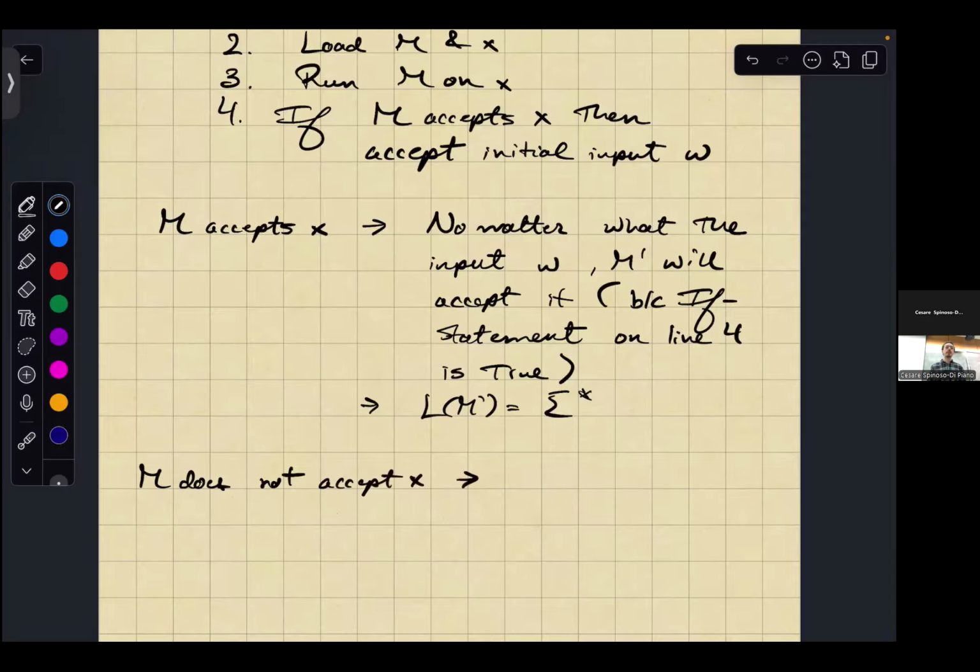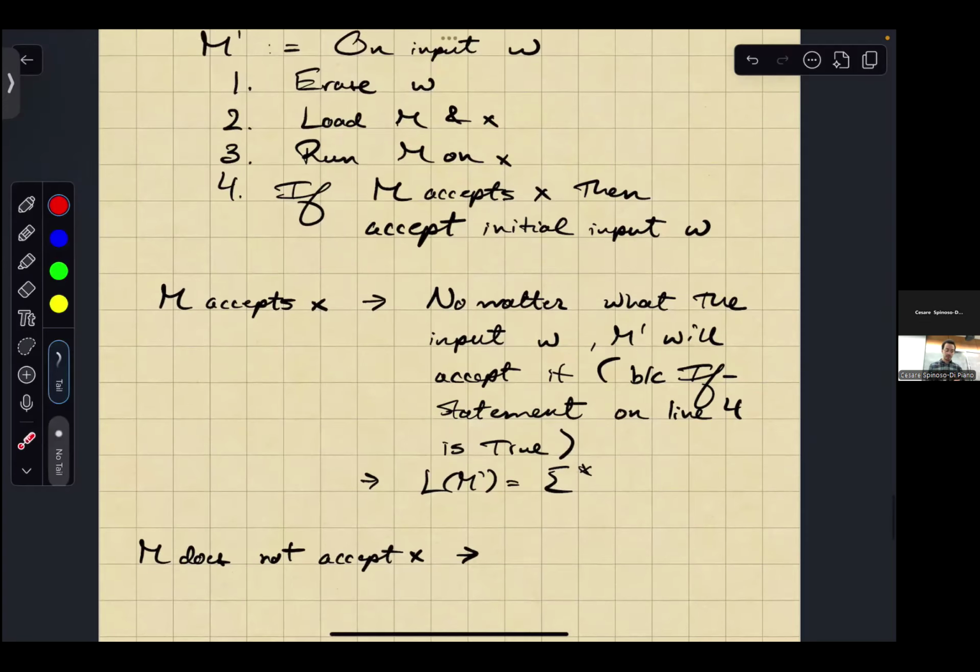What if M does not accept X? If M does not accept X, then either M loops on X, so it gets stuck in an infinite loop here, or it rejects X, which means M prime halts in a non-accept state, and so it rejects the input.